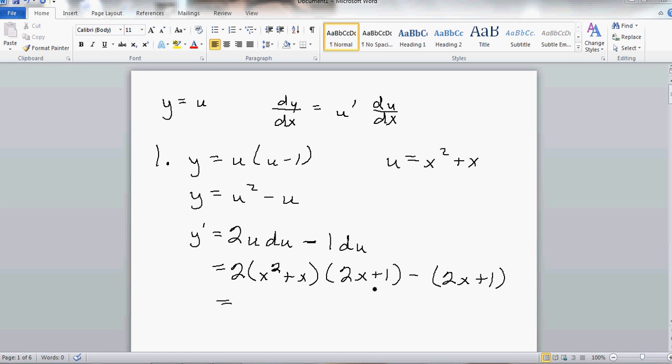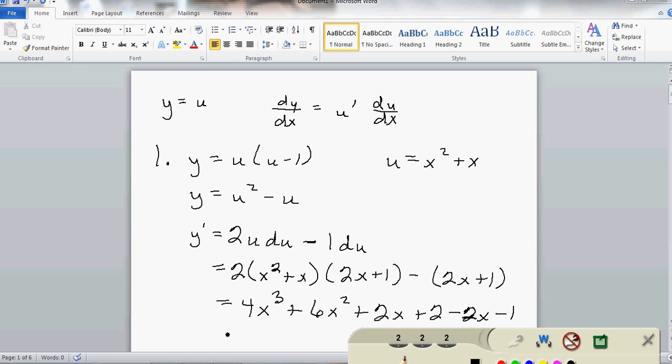When we FOIL this out and distribute the 2, I think we get 4x cubed plus 6x squared plus 2x plus 2, and then distributing this negative sign, we get minus 2x minus 1.